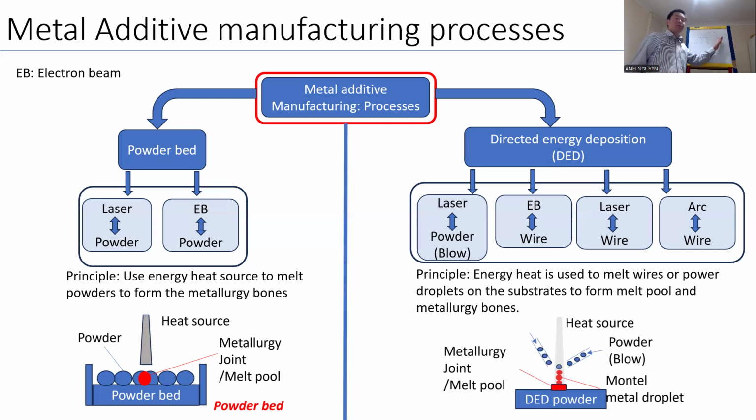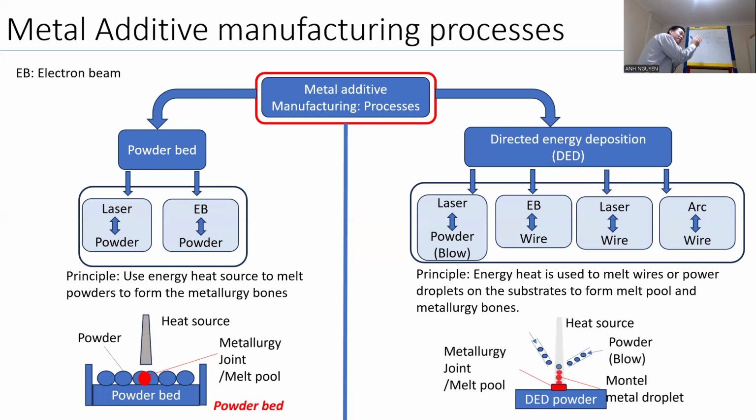Okay, so moving to material. Please let me know what kind of material form we can use for metal AM. The first one is powder. The second one is wire.